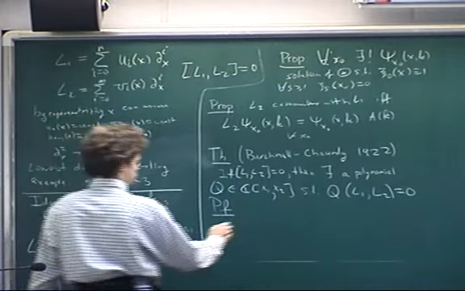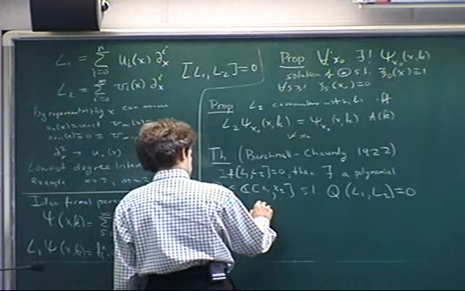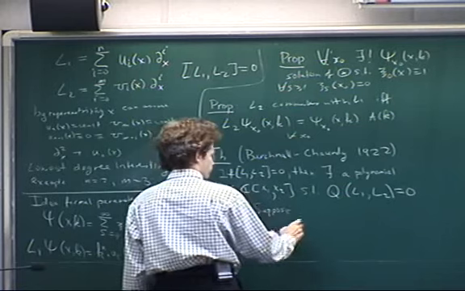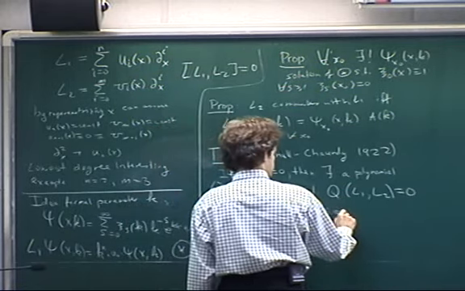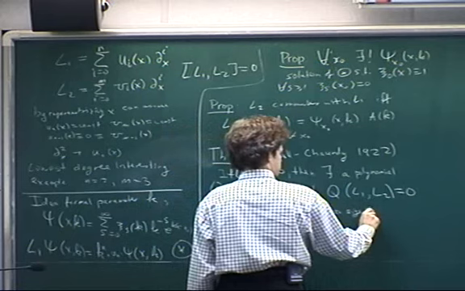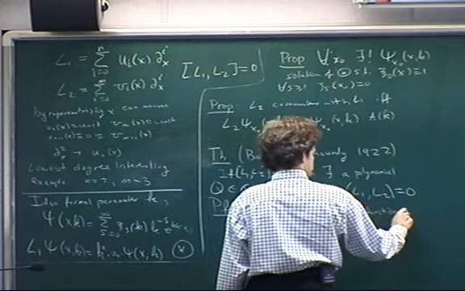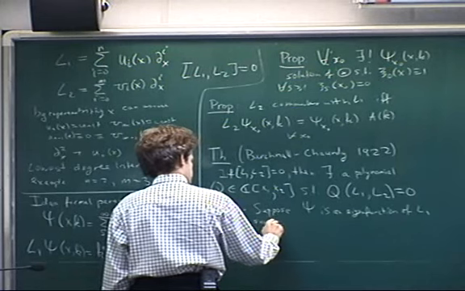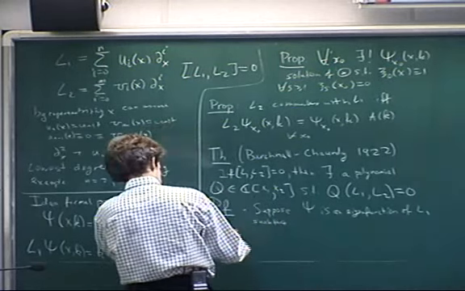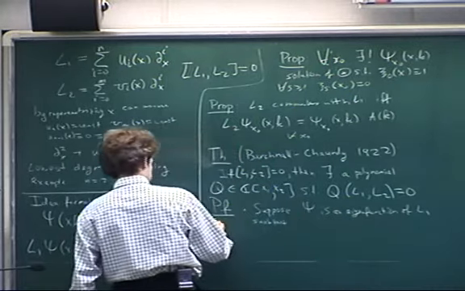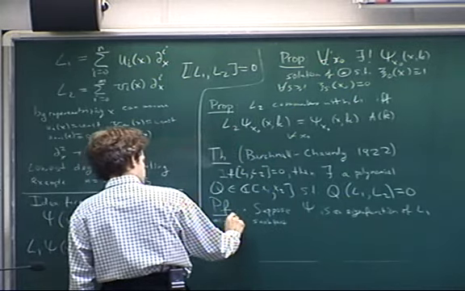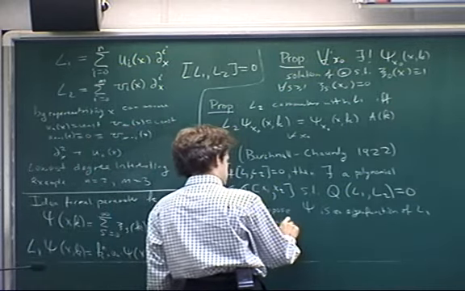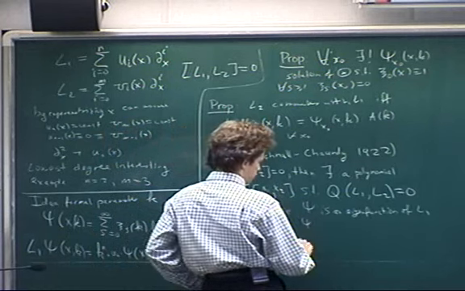The proof is as follows. So first, suppose psi is an eigenfunction of L1, as above, with eigenvalue k to the n or whatever it was, such that psi satisfies the following property.